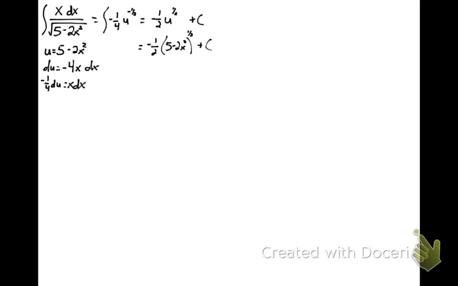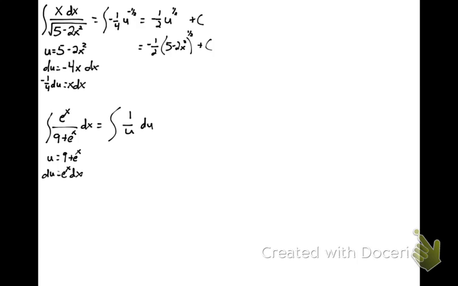Let's consider 4 more examples. We've got the integral of e to the x over 9 plus e to the x dx. If we let u equal 9 plus e to the x, then du equals e to the x dx. So by u-substitution, we end up with the integral of 1 over u du.